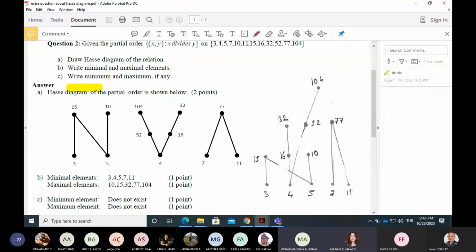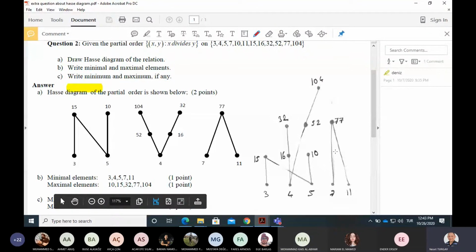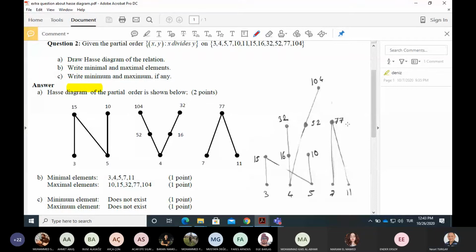Teacher, what about the 77? Why don't you put it next to the 10? So then the 77 will be here. So 52 and 32 will be one up from them. But it cannot be because these are not comparable to each other. Do you understand?